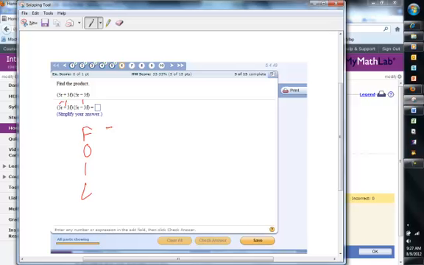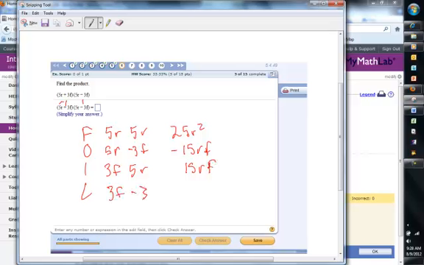So we take the 5r times 5r is 25r squared. 5r times negative 3f is negative 15rf. 3f times 5r is 15rf. And 3f times negative 3f is negative 9f squared.